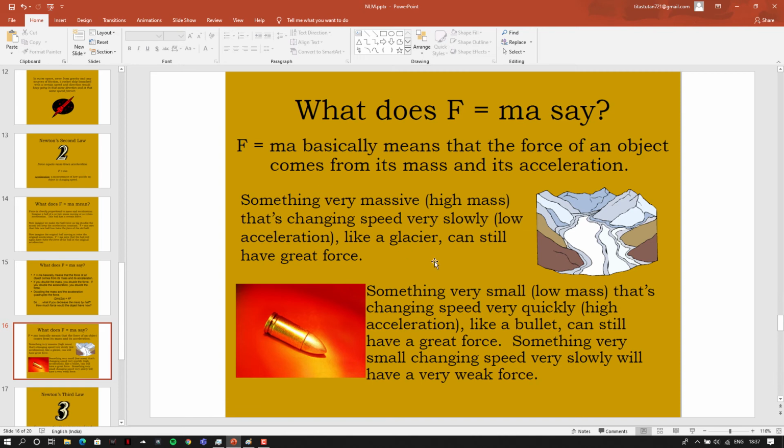But also a thing with very small mass that's moving very very quickly, like a bullet, will have a very great force, and a small thing with very small acceleration will have very very small force.